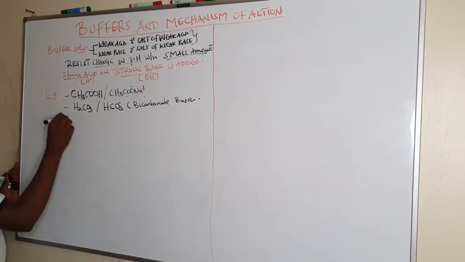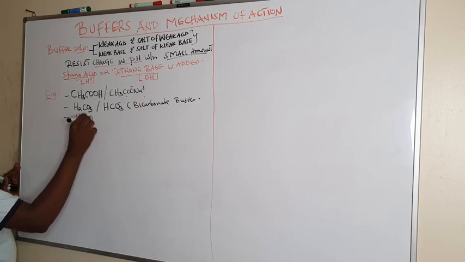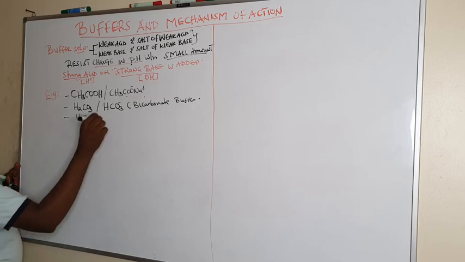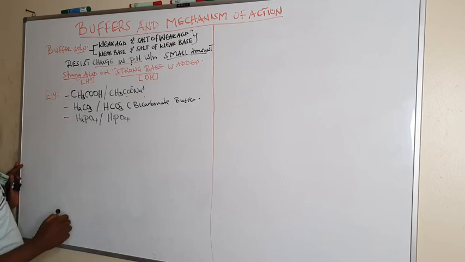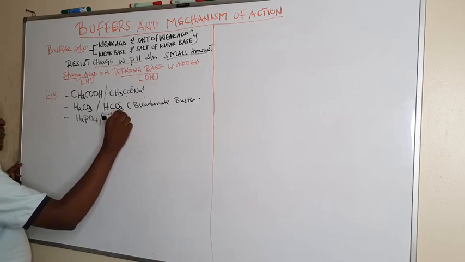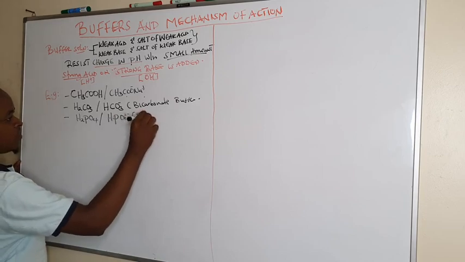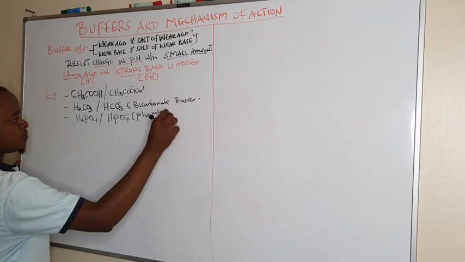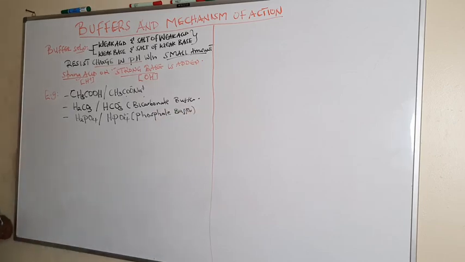Another type of buffer we can have is the phosphate buffer, whereby we have dihydrogen phosphate together with hydrogen phosphate. This is known as the phosphate buffer.